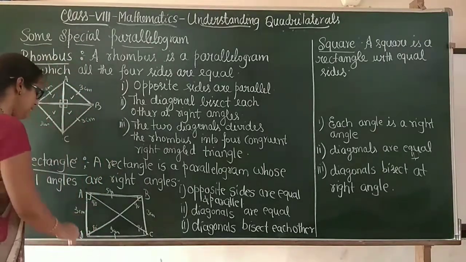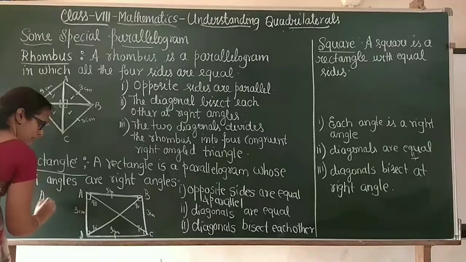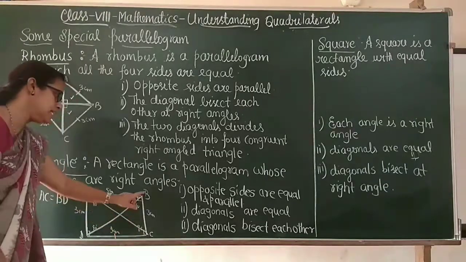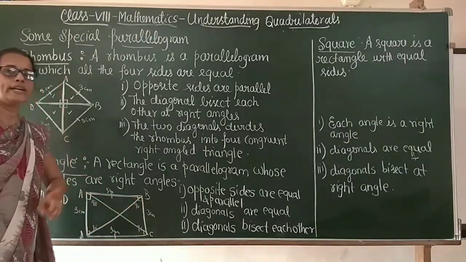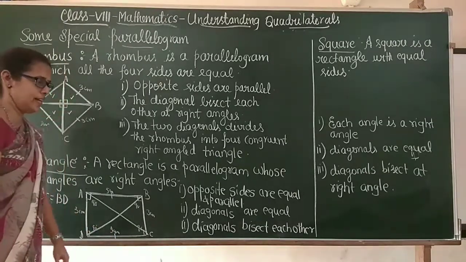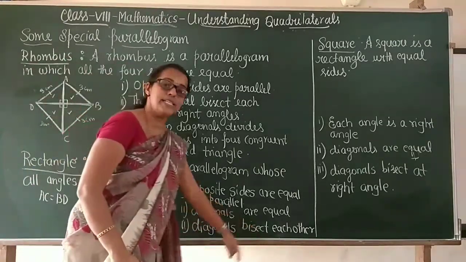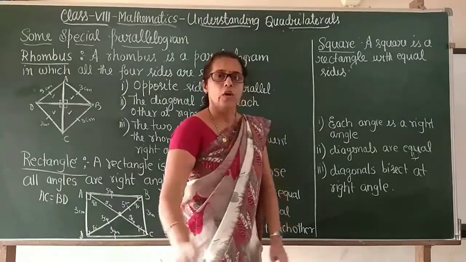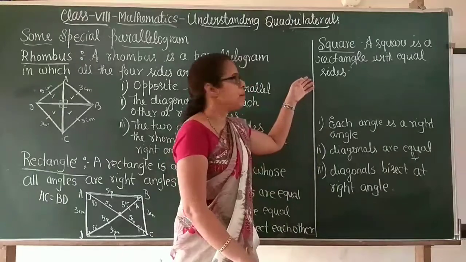So AC is equal to BD. If AC is 10 centimeter, BD is also 10 centimeter. That is the property of a rectangle. And the diagonals bisect each other. Okay, now let us see about the square.